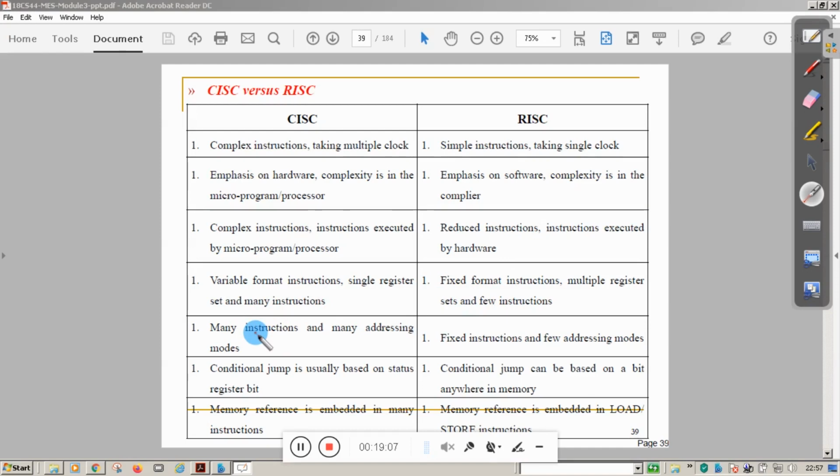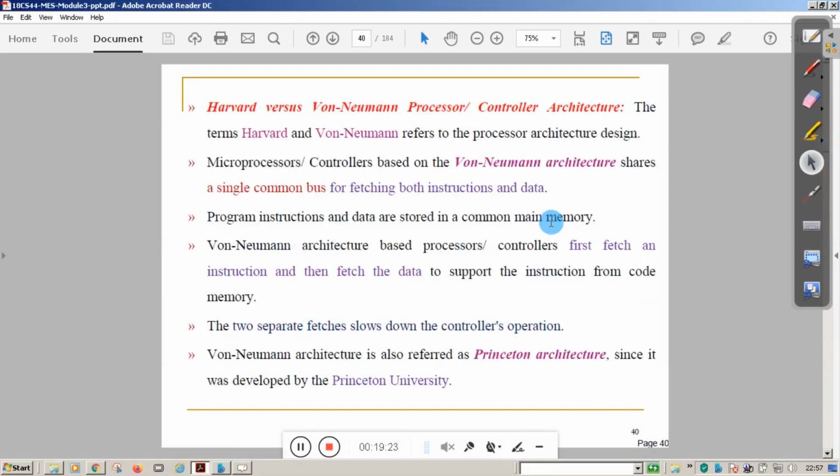In CISC there are different addressing modes, but in RISC there are fixed and few addressing modes. In CISC, memory reference is embedded in many instructions; in RISC, memory reference is embedded only in load and store instructions. That is the difference between CISC and RISC.